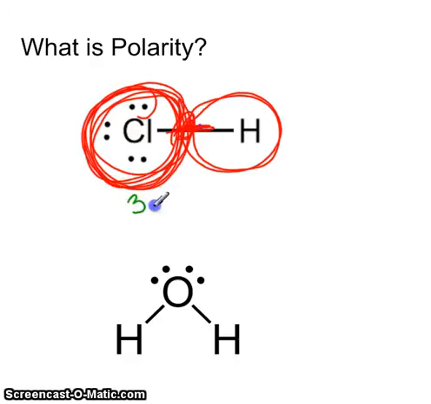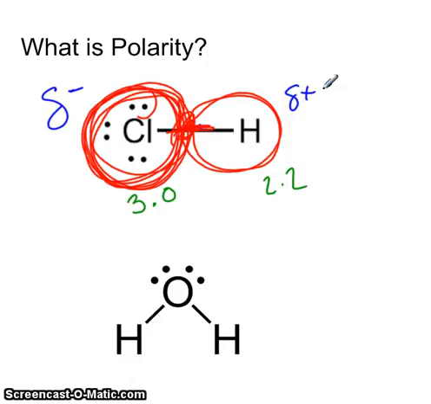Chlorine's electronegativity is 3.0. Hydrogen's electronegativity is 2.2. So we know that that's a polar bond, and we should also be able to determine that this side is the negative, more electronegative, so that makes that side the negative side and this side the positive.